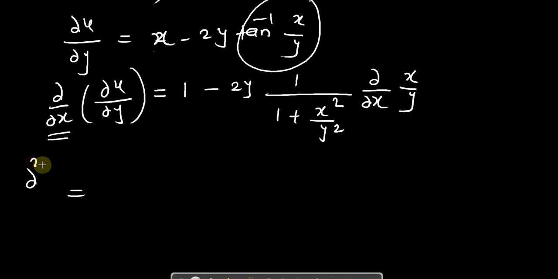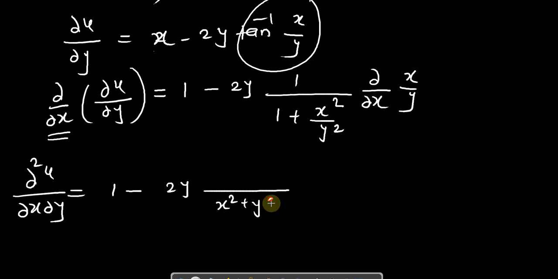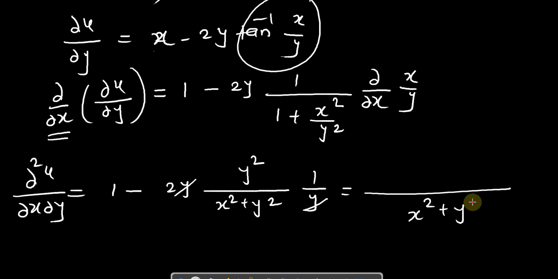We get in left hand side dou square u by dou x dou y 1 minus 2y. Simplify this fraction. By taking reciprocal, we get y square in the numerator. Now 1 by y constant, x derivative with respect to x is going to be 1. 1y cancelled. Simplify the fraction. Minus sign multiplied here.